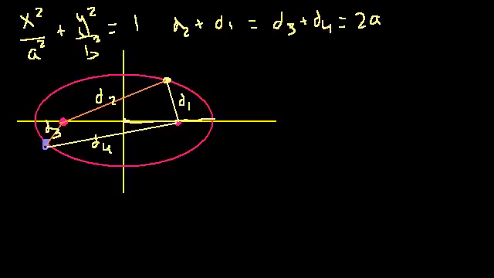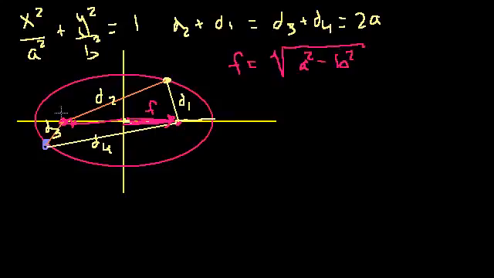And we learned that the focal distance, or the distance from the center of the ellipse to a focus, is just the square root of the difference of these two numbers. So if a is larger, it would be the square root of a squared minus b squared, which is the case in this ellipse.